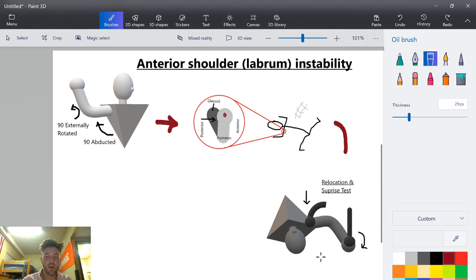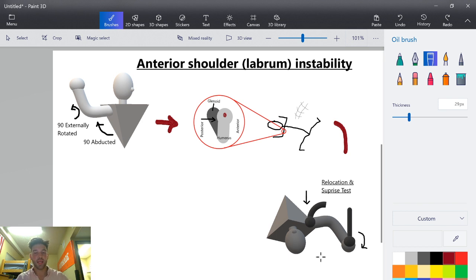The patient is pushing downward on the glenohumeral joint and then externally rotating that arm, and a positive test for relocation, in comparison to the apprehension test, is if the player increases their range of motion.